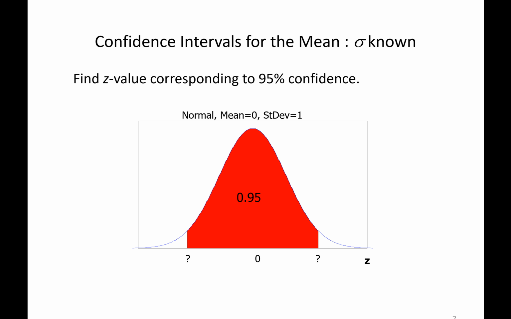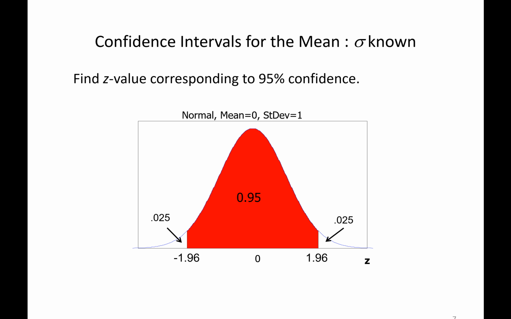In other words, if we drew the normal distribution with 0 in the middle, what value of z has 95% of the area in the middle? In other words, we want 2.5% in each of the tails. And we can look these numbers up and find that we have negative 1.96 and 1.96.